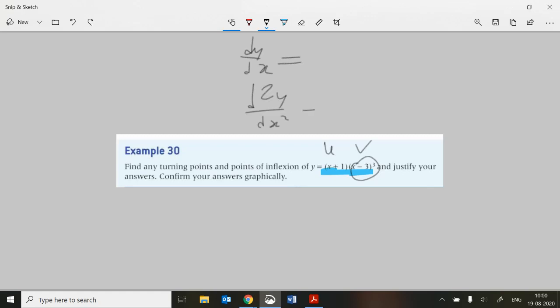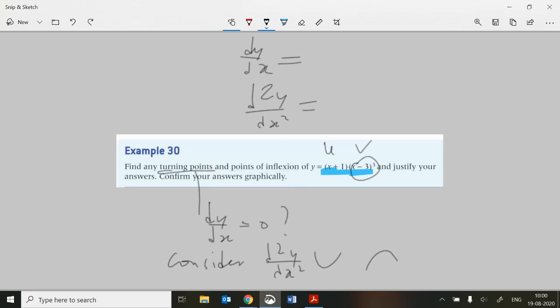Okay, and so to get the second derivative, find any turning points. Well, turning points are obviously when dy/dx is equal to 0, and then consider your second derivative at those particular points in order to decide whether you've got maximum or minimum turning points.